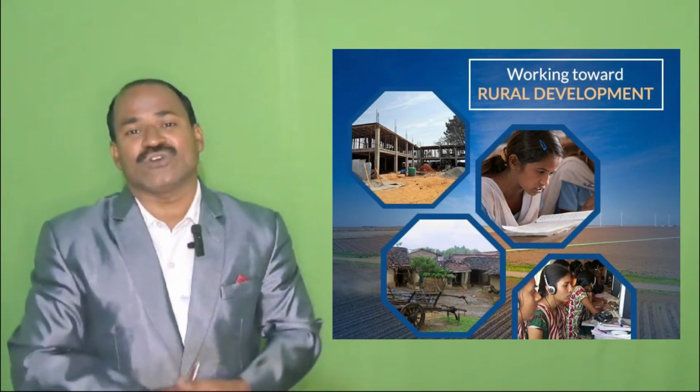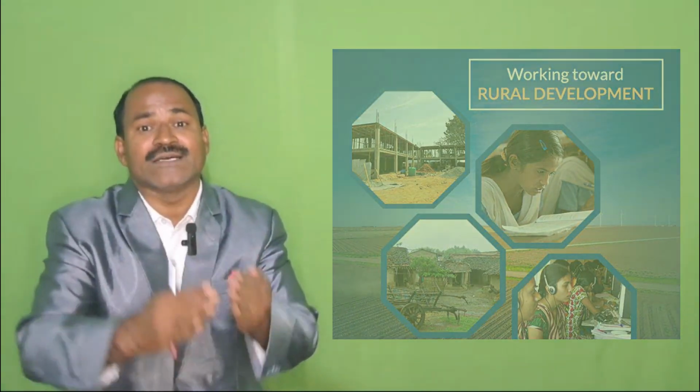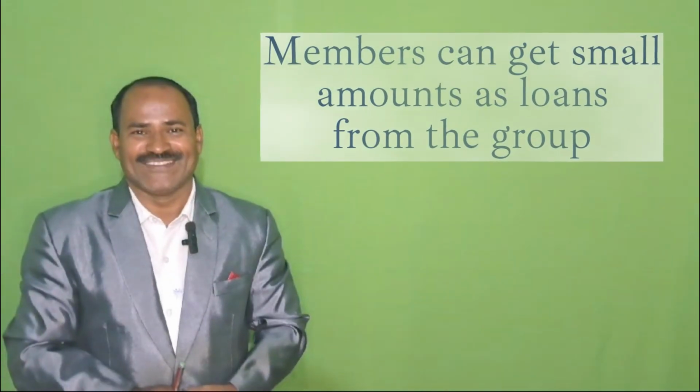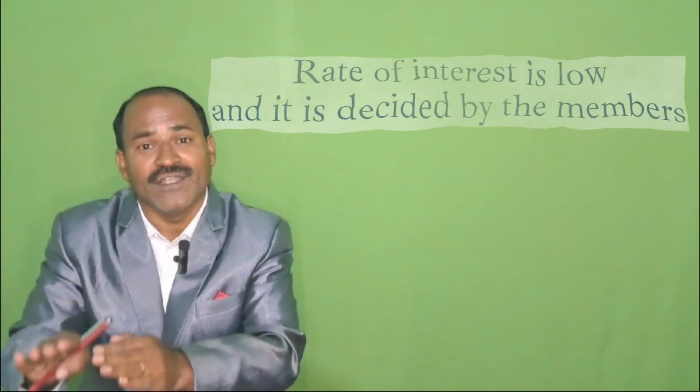So what are the objectives? To enhance the human resource, to provide financial assistance, to assess the local resources, to provide timely loans for the poor people at a low rate of interest.